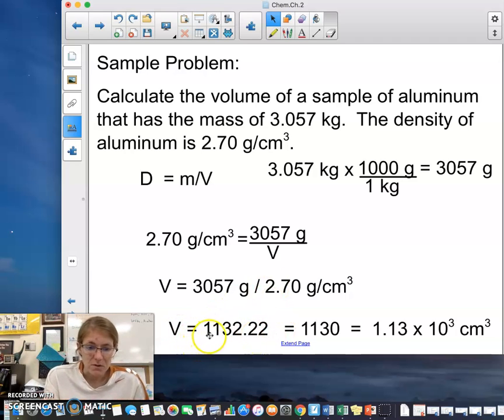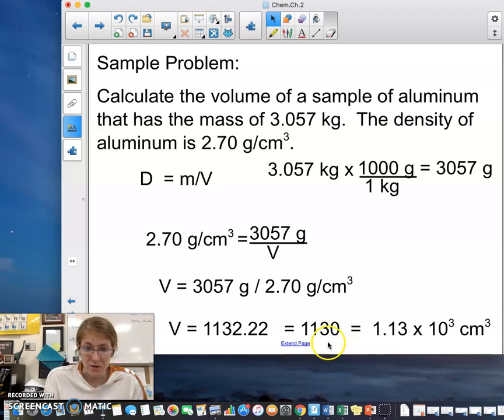So volume equals 1,132.22. However, sig figs, right? Here I have 3 sig figs, and here I have 4 sig figs, so my answer needs to be in 3. But scientific notation, that's what this lesson's all about.